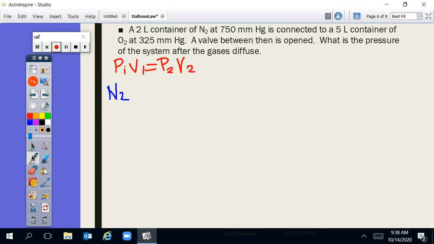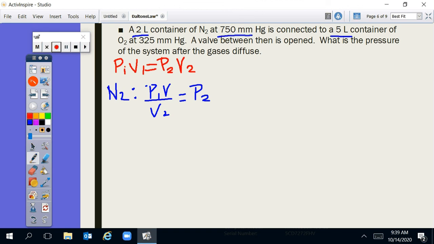We want P2, which is P1 times V1 divided by V2. Remember, V1 is 2 liters, and P1 is 750 millimeters of mercury.